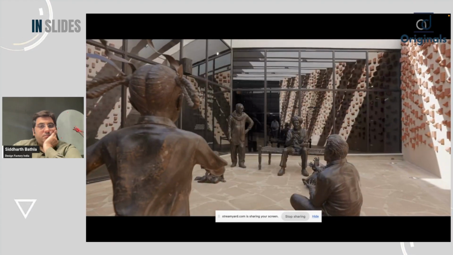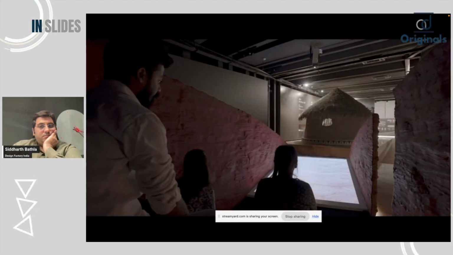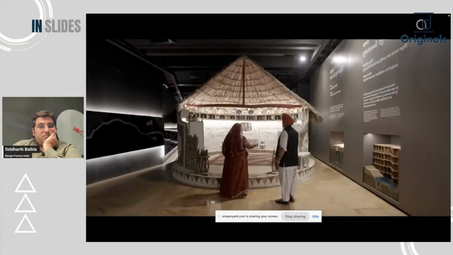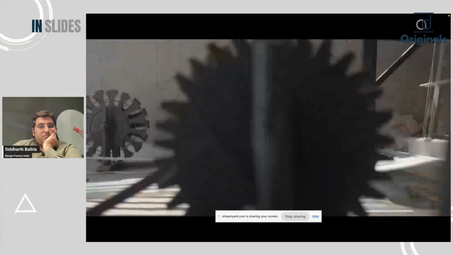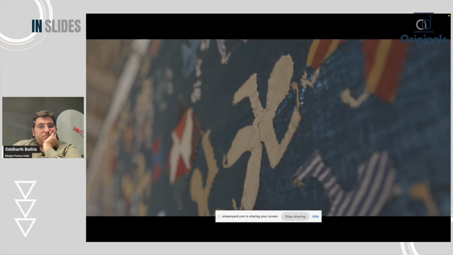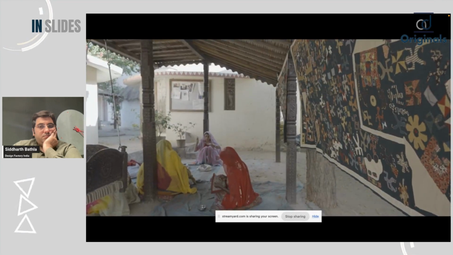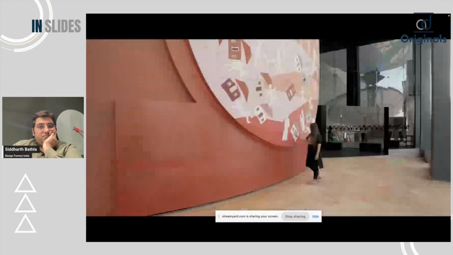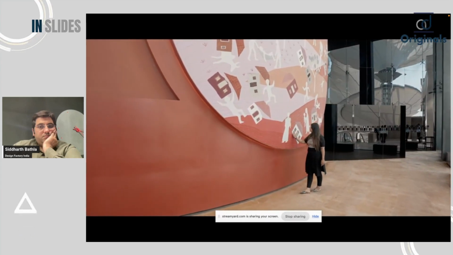The design approach draws inspiration from the land, its people, and its cultural context. The museum narrative is carried forward through storytelling craftworks, specially co created with the local artisans for each of the spaces.